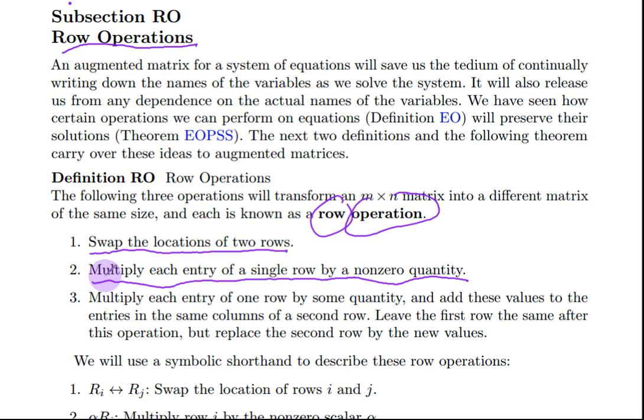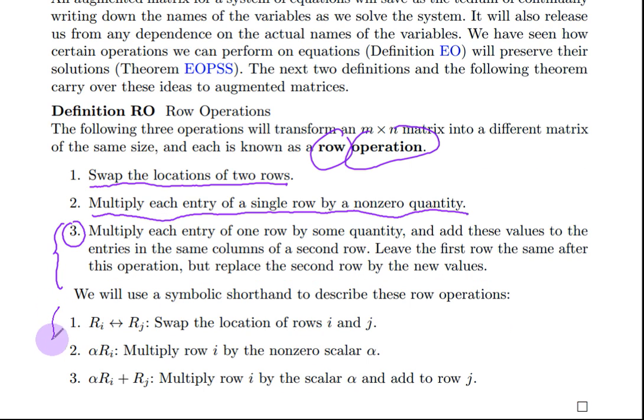The third equation operation we talked about was taking one equation, multiplying by a constant, and adding it to another. In terms of row operations, that corresponds to this third row operation. Multiply each entry of one row by some quantity and add these values to the entries in the same columns of a second row. That's exactly what we're doing here. So this notation makes it easier to see what's going on.